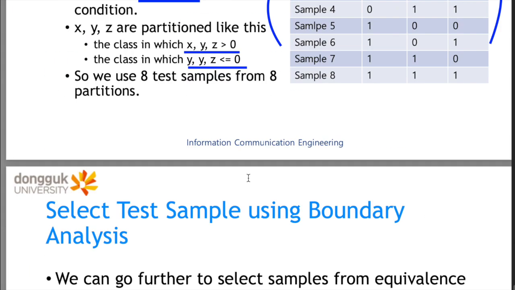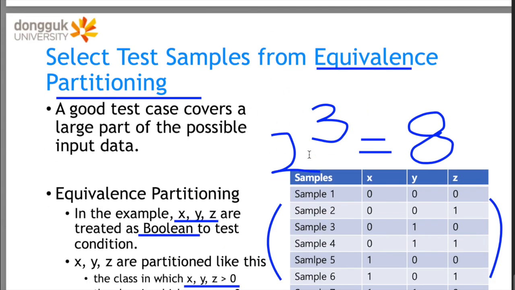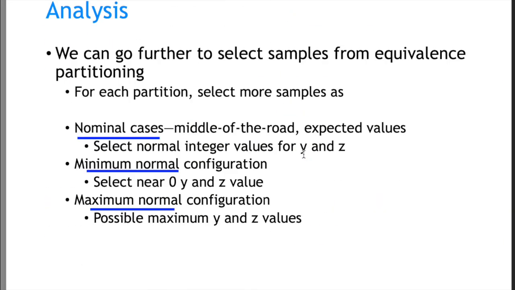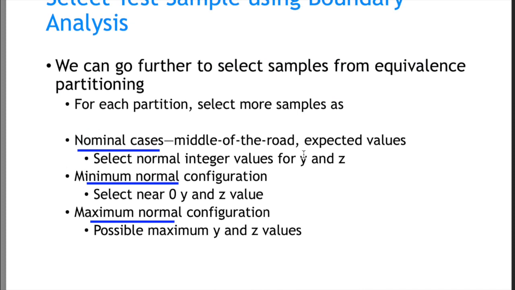So in equivalent partitioning, you have data and you identify classes for each data and select a sample from each data. That is equivalent partitioning. And boundary analysis is, from each class, you select a sample for the normal case, a normal value that represents the class, a minimum value for the class, and a maximum value for the class.